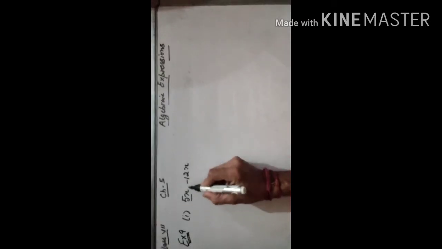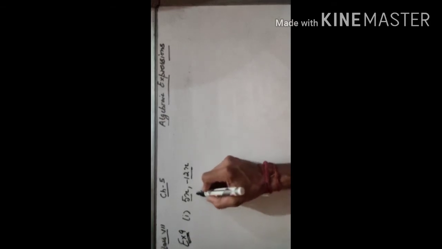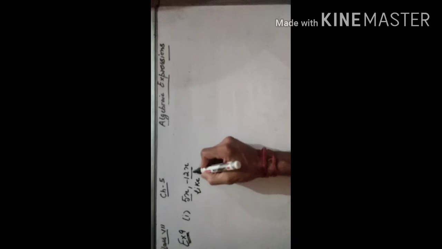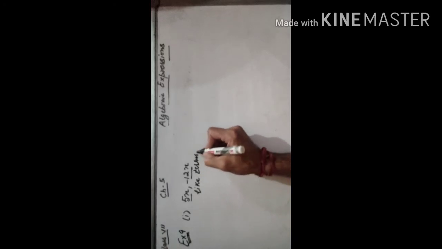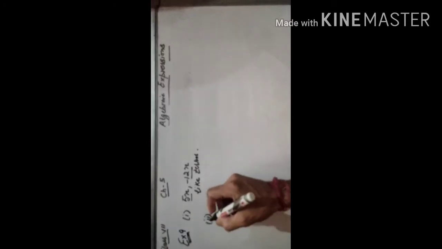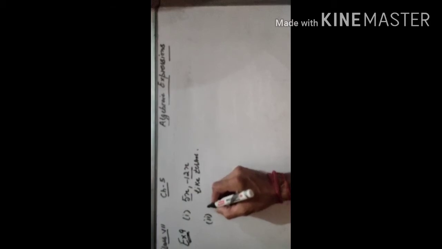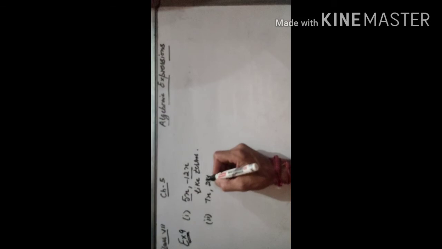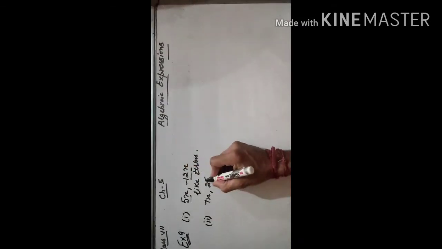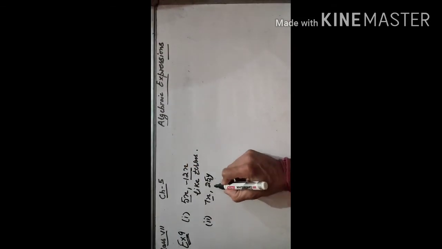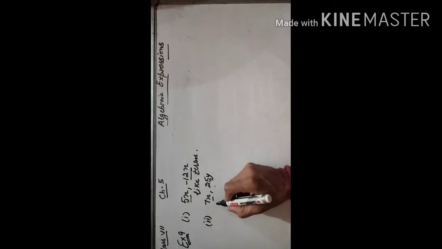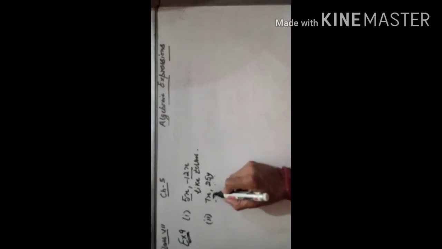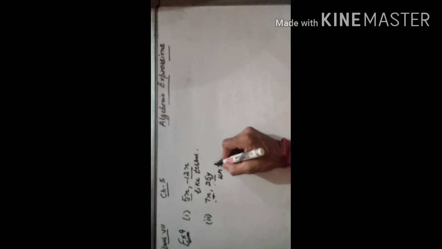The variable is the same, so these are like terms. Second is 7x and 25y. Now the variables: 7 into x, 25 into y, the variables are different, so unlike terms.